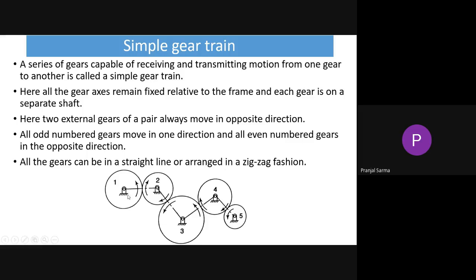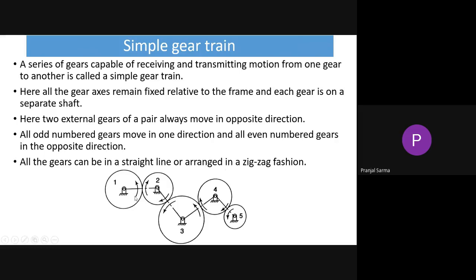Suppose there are gears 1, 2, 3, 4, 5, 6. Whatever the number of gears, that many shafts will be there, because on a single shaft a single gear is mounted. Now, if you know their numbering, first, second, third, fourth, then in the simple gear train, as they are externally meshed, all the odd numbered gears will rotate in the same direction, and all the even numbered gears will rotate in the same direction.